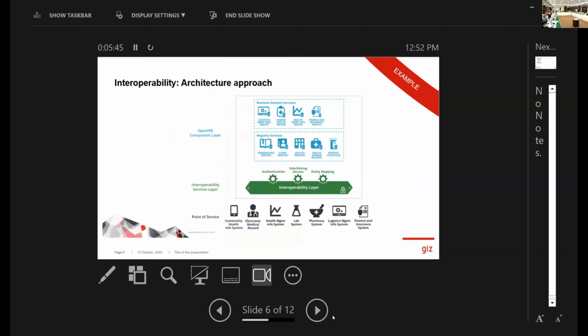But I think there are a lot of things that we can take in understanding how interoperability in such an architecture approach can work. So this is what we call the Open HIE, the Open Health Information Exchange. But here you have many systems, the various program MISs. So it could be cash transfer schemes or voucher schemes or health schemes at the very bottom.